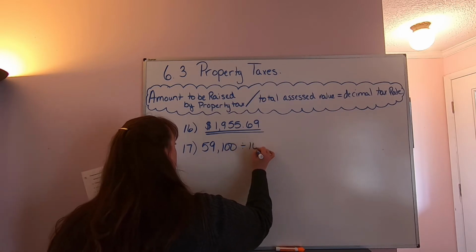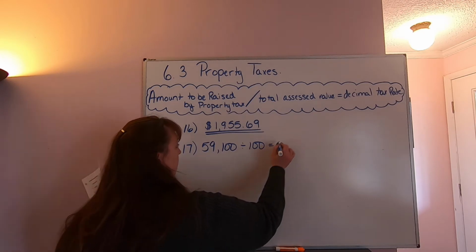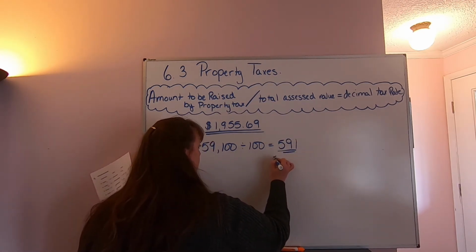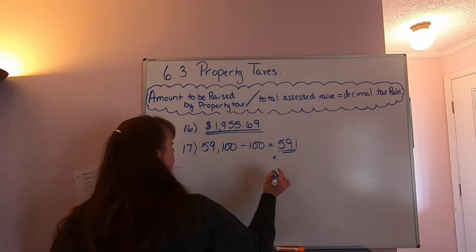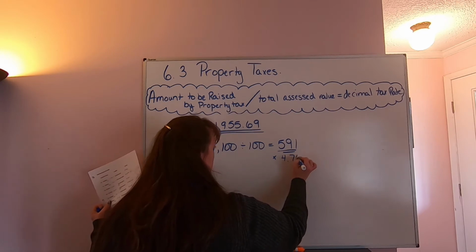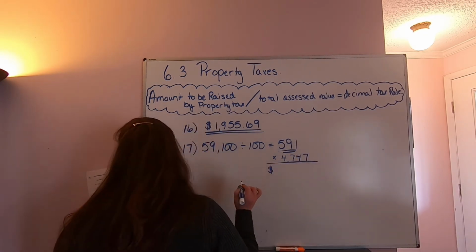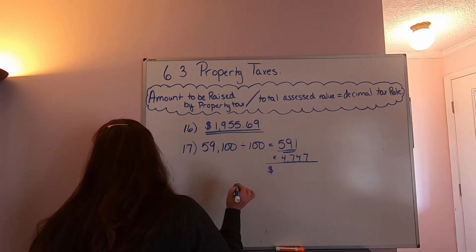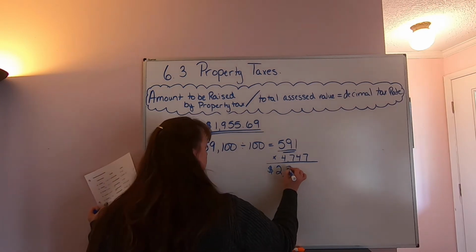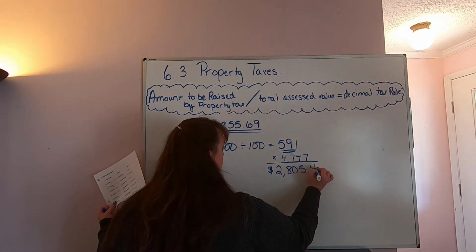Divided by 100, basically you can move the decimal, it's 591. And we're going to times that by our tax rate of 4.747. And what you get is your tax, which is $2,805.48.